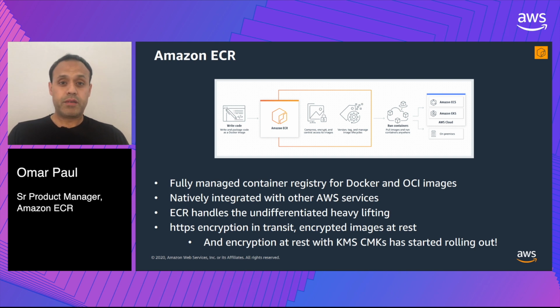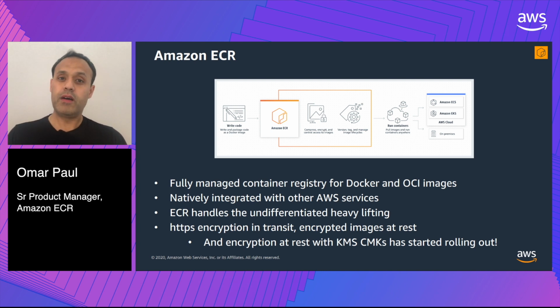ECR is integrated with a whole slew of other AWS services, Amazon ECS and Amazon EKS, and AWS Fargate, so you can run your container workloads, IAM and KMS for security, key management, CloudWatch metrics and events for observability.